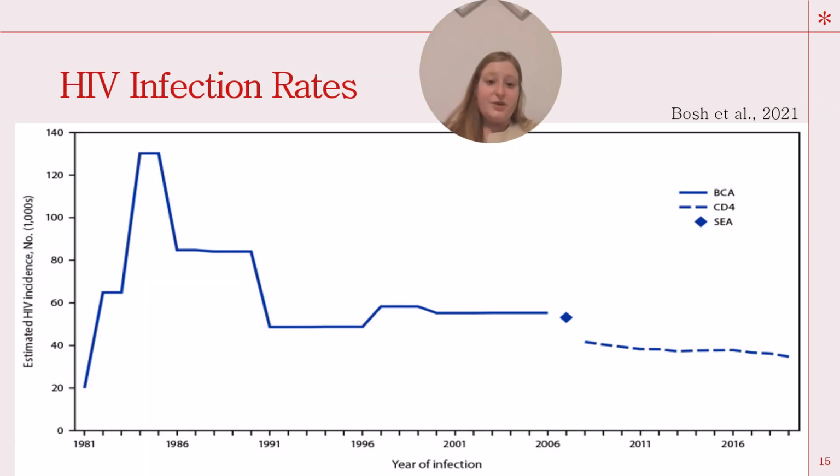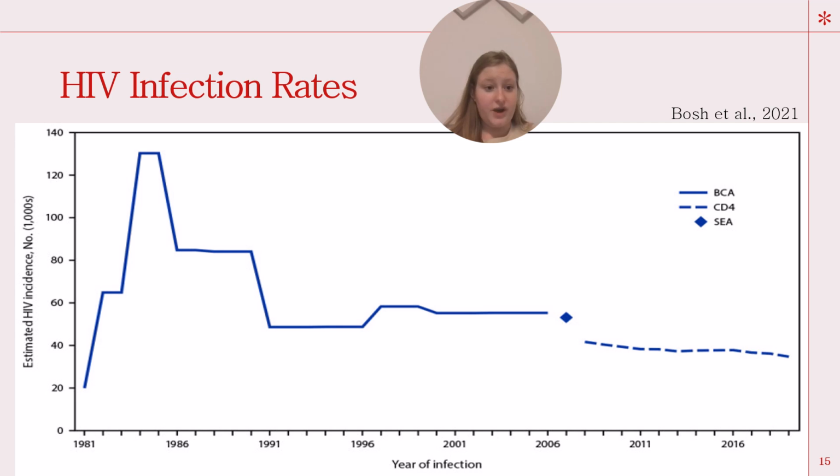Here is yet another graph that I wanted to include. This one does go past the timeline that I have been talking about, which is 1981 to 1991. But I wanted to show this significant drop that happens at 1991 when the therapy came into place.